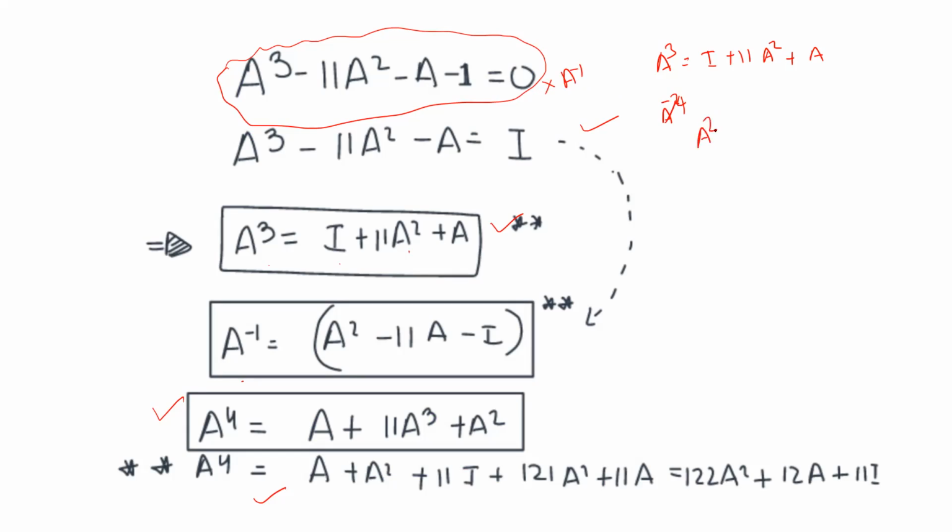So here it is A square minus 11A minus I minus A inverse is equal to 0. Now transfer A inverse to the right hand side. A square minus 11A minus I.